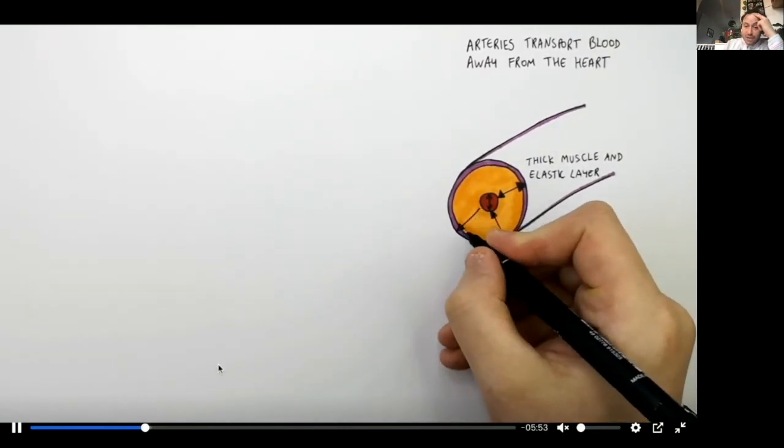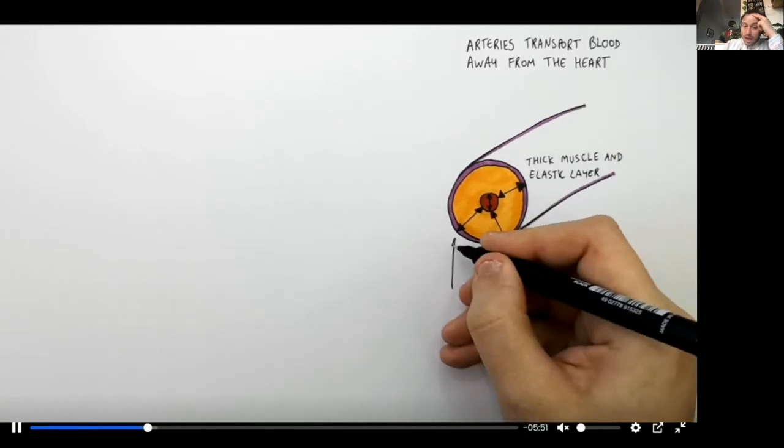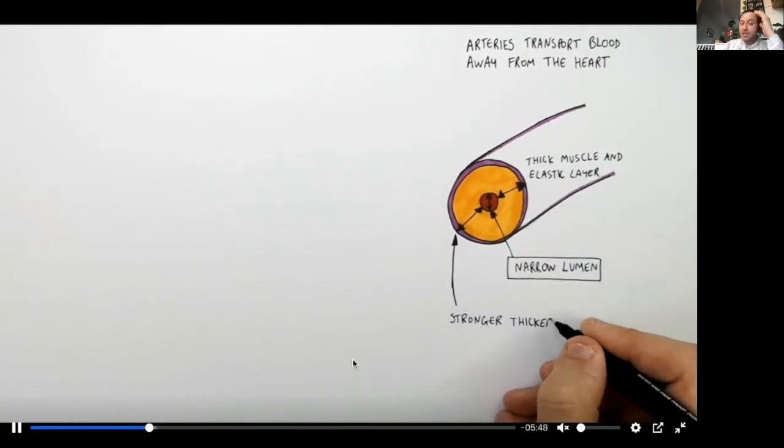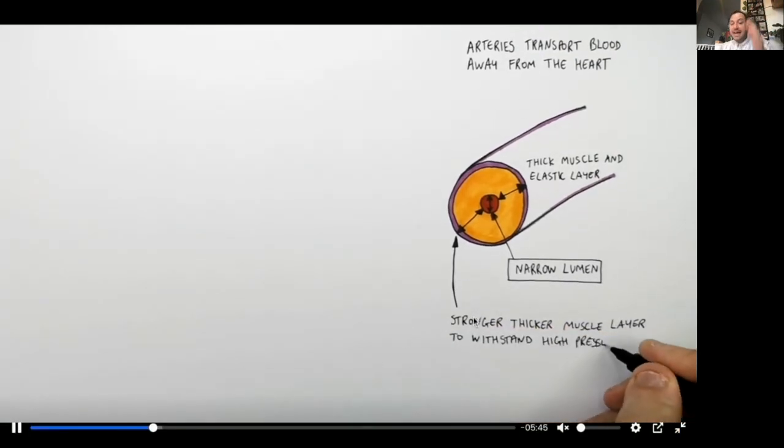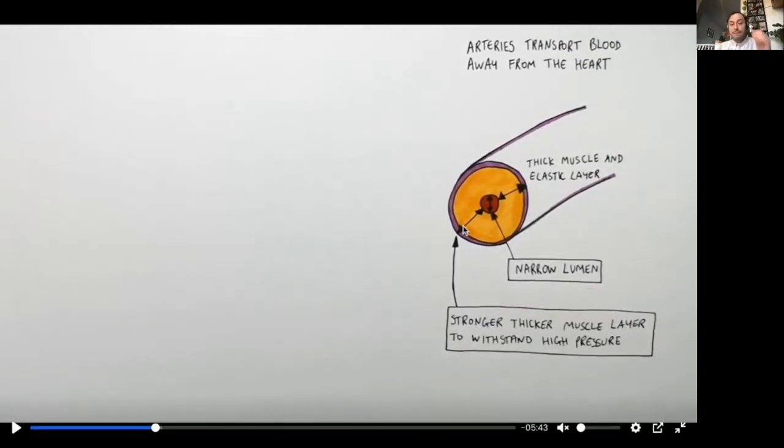All right. So the thick muscle wall is stronger, to withstand higher blood pressure. In your exam, you can be asked for 3 marks: state the adaptations of an artery.